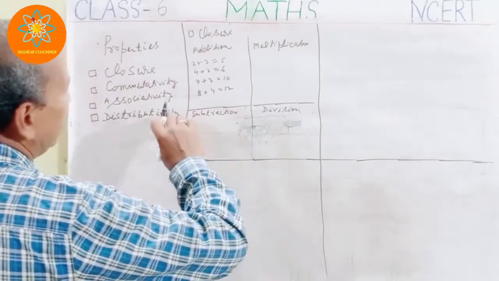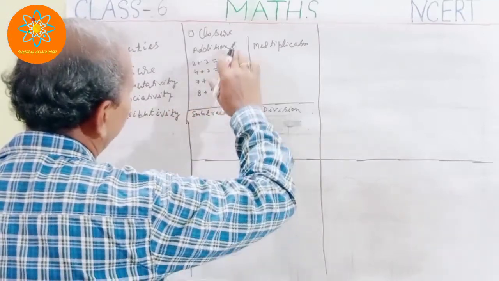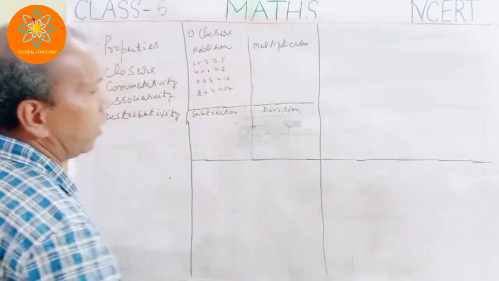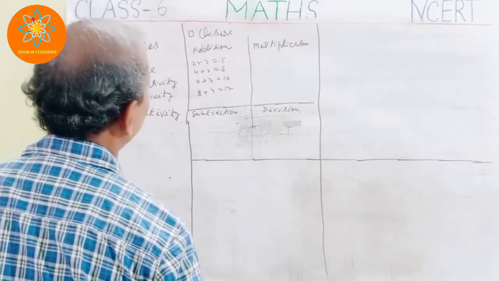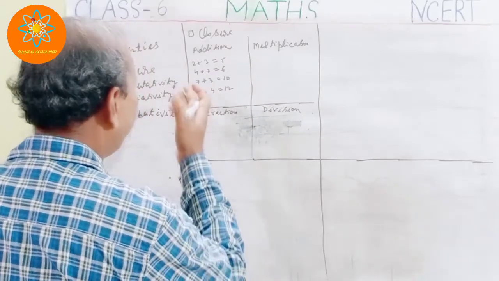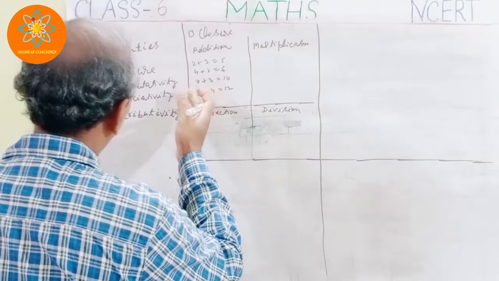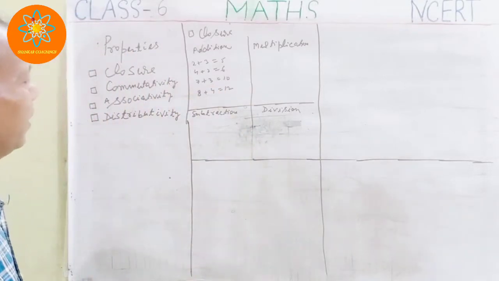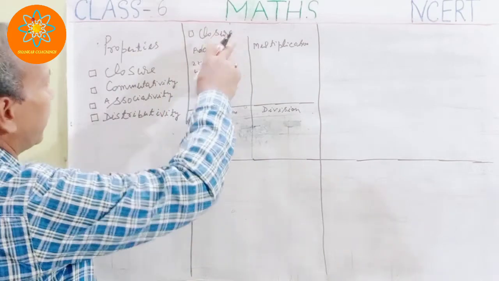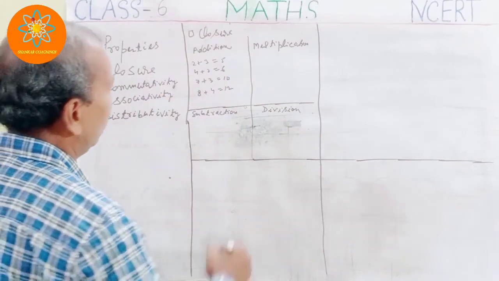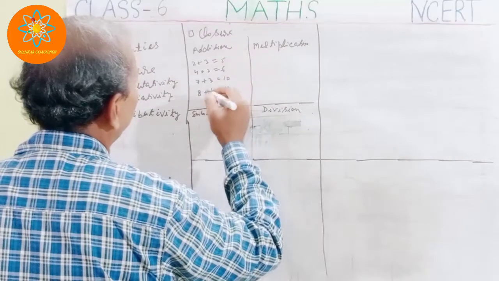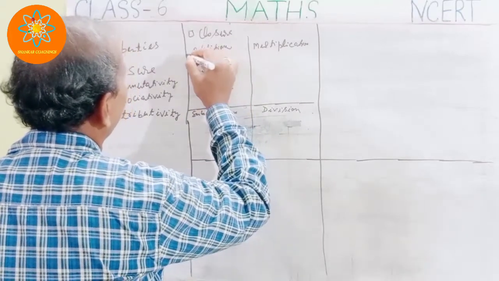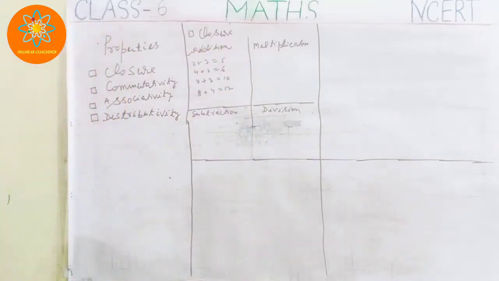After the operation these are also whole numbers. So we can say the closure property for addition is true.